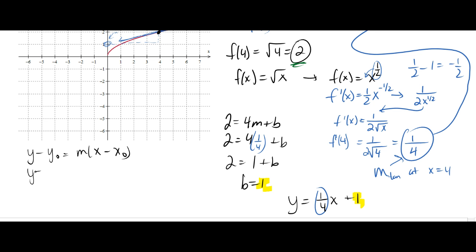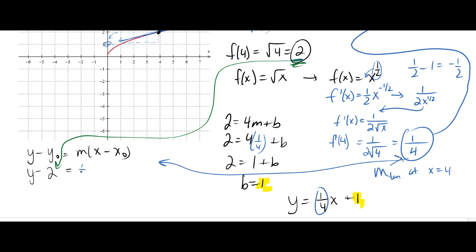So here we'd have y minus y0, which would be the 2 from over here, because that represents the exact point that we're dealing with, is equivalent to m. You'd still need to go through this entire process here and transfer that over here, so that'll be 1/4.